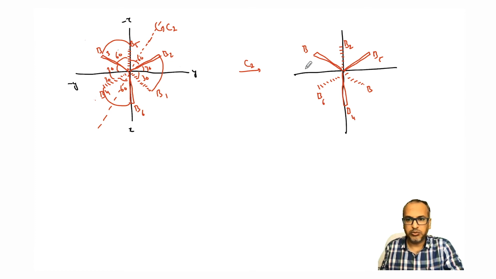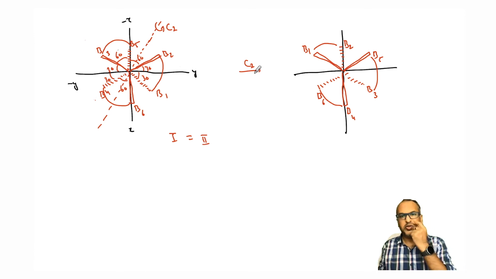So B6 goes to B4 and B1 is replaced with B3. Now the original connections were B1, B2, B3, B5 and B4, B6. So my bonds are also in the same place. So I can say the first is equivalent to configuration 2, right? So that's how C2 will be reflected.